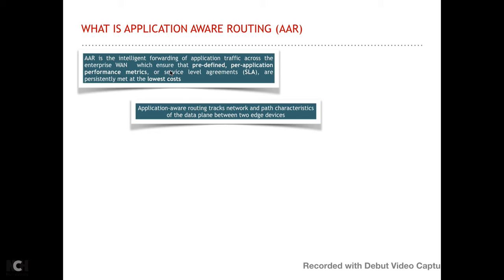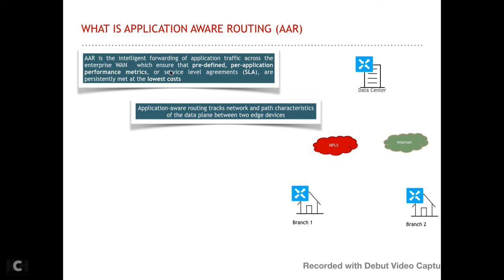It is tracking the network and path characteristics, which could be jitter, delay, latency and other metrics. So application-aware routing is more than what we do in a dynamic routing protocol, where we load balance the traffic between the links with the help of a metric or hop count or any other such measure. It does much more than that.